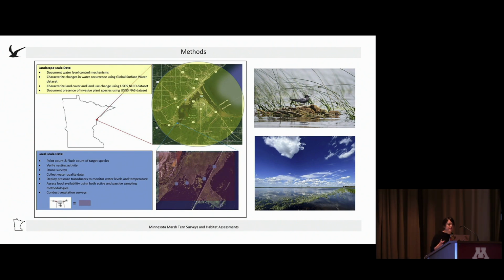So this is just an example of a made-up site where there are no black or Forster's terns. Imagine that. But basically what we were hoping to do and collect at each of the sites.